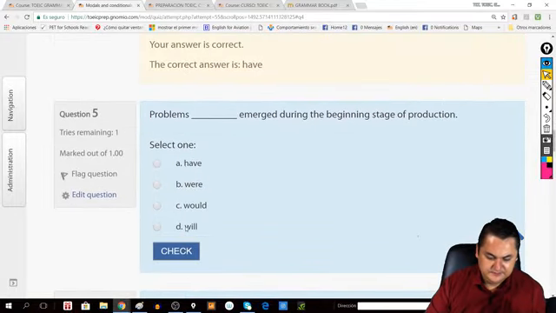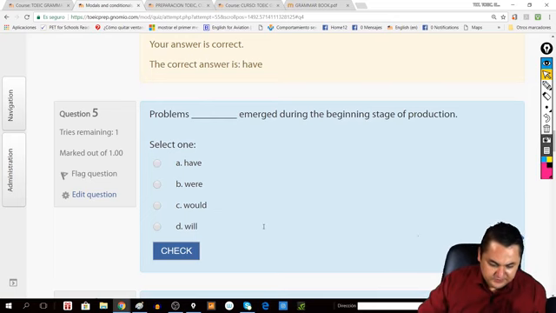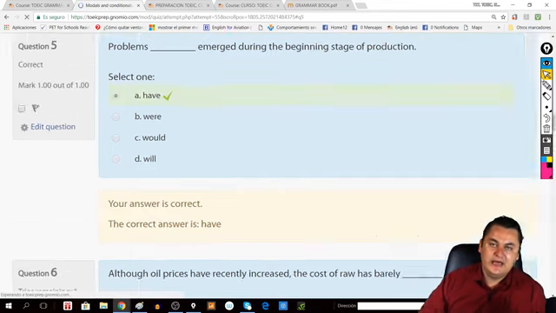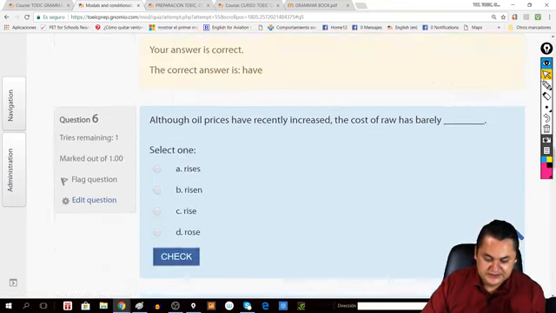And we have here problems emerge during the beginning stage of production. If I say problems were emerged, that would be the passive voice. That means the problems received the action. What I want to say here is that problems have emerged. I'm going to use the active voice in this sentence.